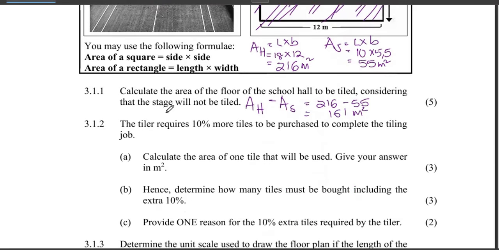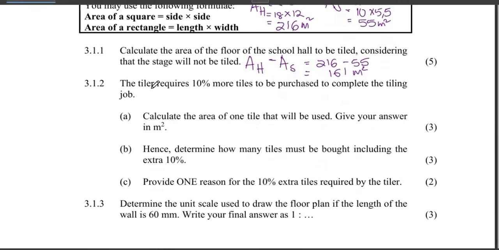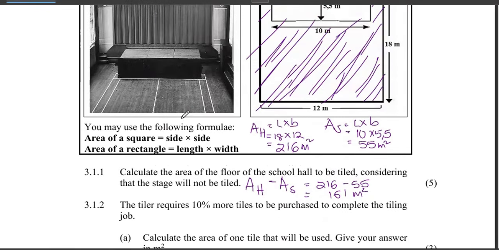Okay, so we continue. The tiler, the person who is going to tile, requires 10% more tiles to be purchased to complete the tiling job. Calculate the area of one tile that will be used. Give your answer in meters squared. Now remember, where are we going to get this?